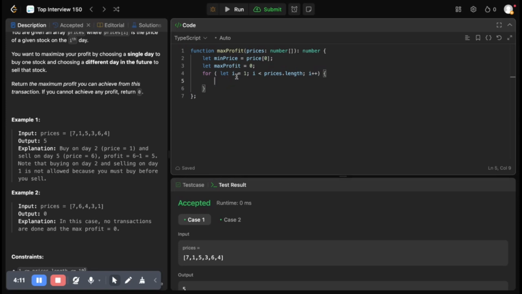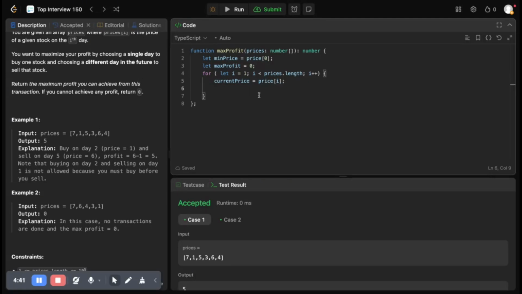On this day where i is 1, the current price will be equal to the price on that day, which is prices[1], the day 2, which is 1. When the loop goes the second time, i equals 2, the current price will be 5.